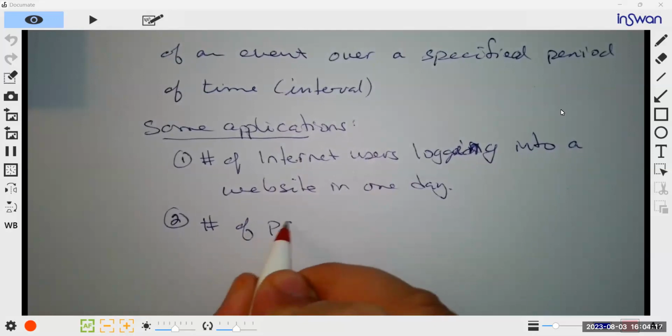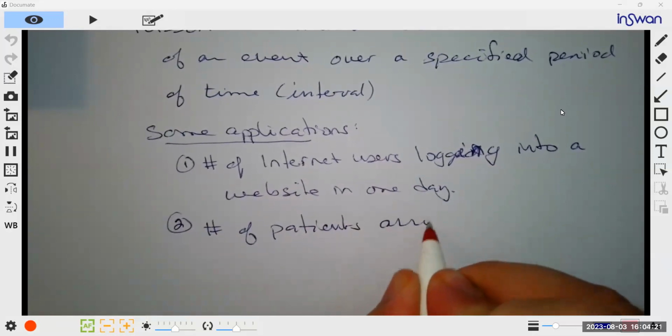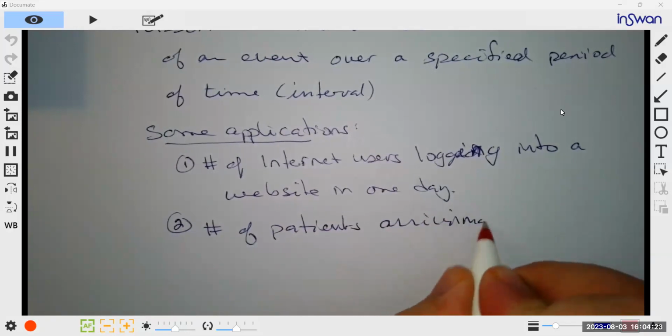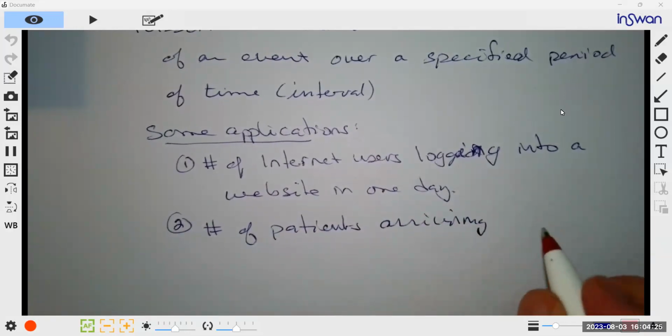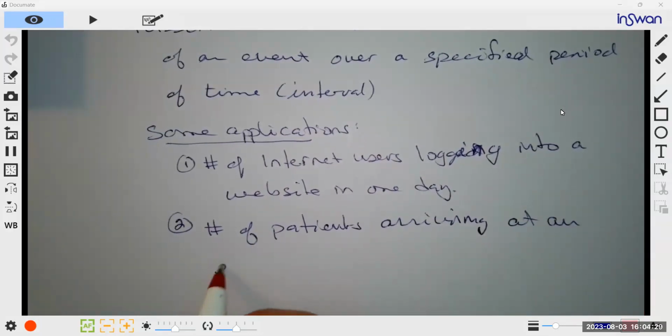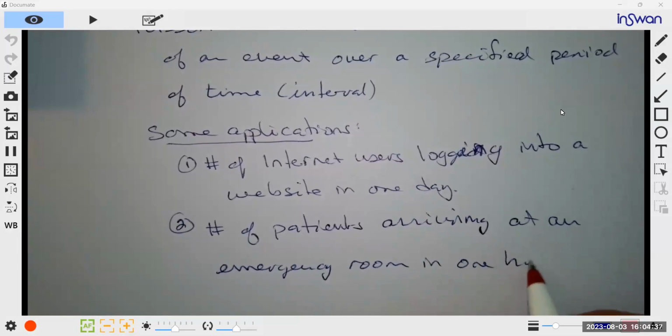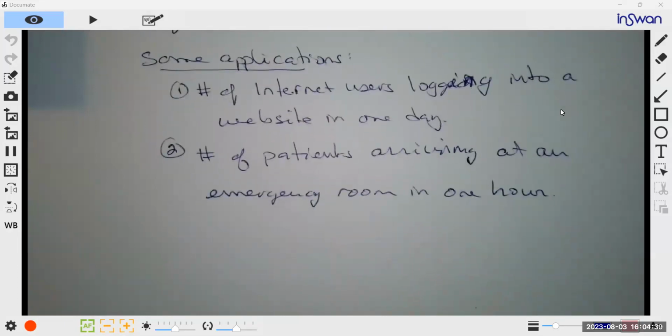Number of patients arriving at an emergency room in 1 hour. Or the number of patients arriving at a hospital in one day.